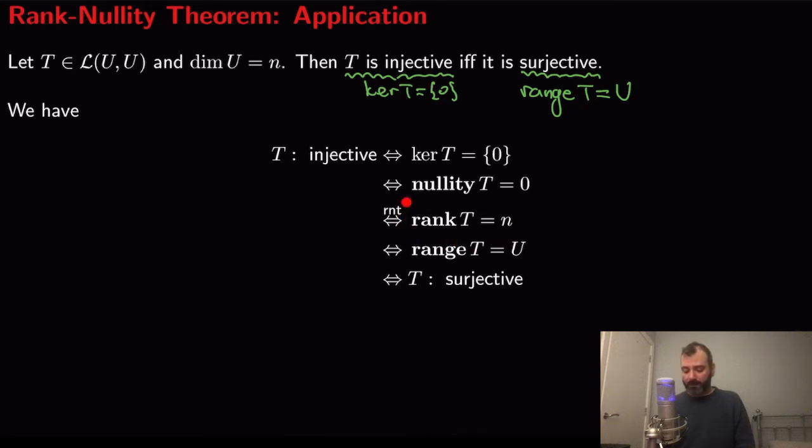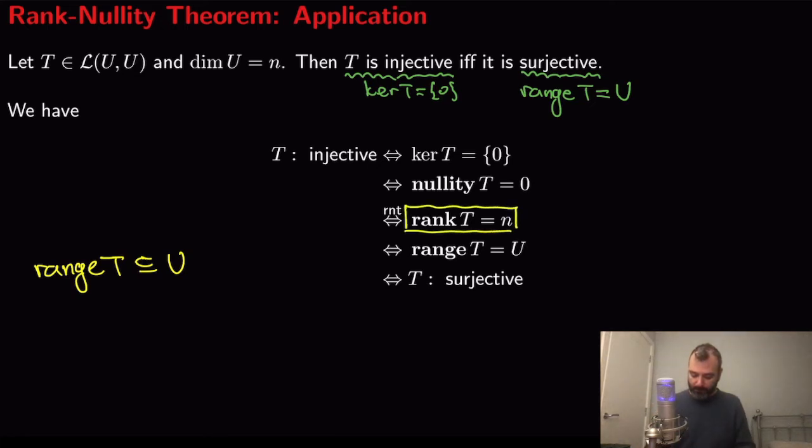Equivalently, what does it mean that the rank of T is equal to n? It means that the range of T is equal to the whole space U. Why is that? The range of T is a subset of U. It cannot be bigger. And now I know that the rank of T is equal to n, so the dimension of the range of T is equal to n.